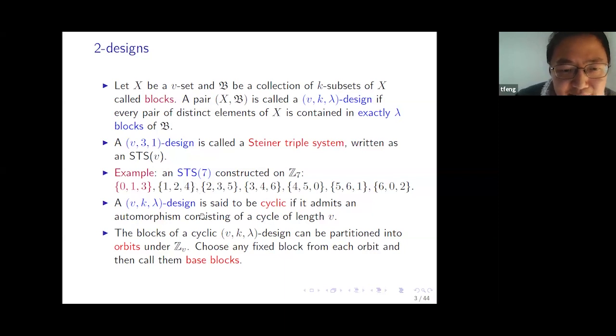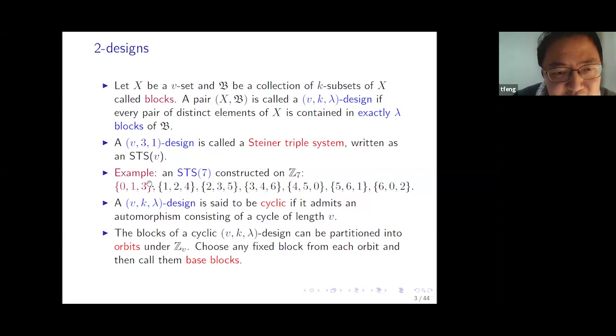All the blocks of a cyclic design can be partitioned into orbits under the cyclic group C_v. Take our above example: all 7 blocks form one orbit under the action of C_v, and we can take a representative from this orbit.